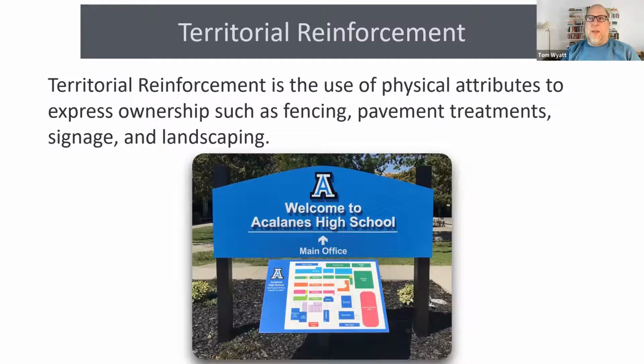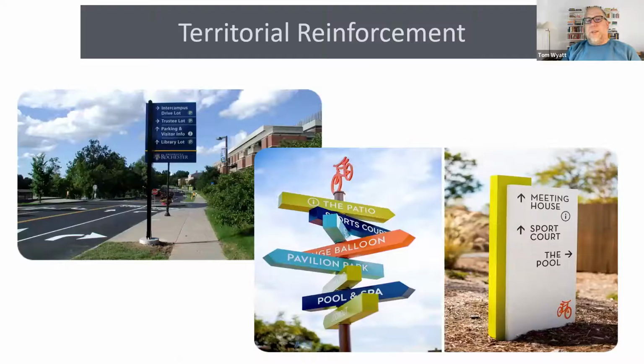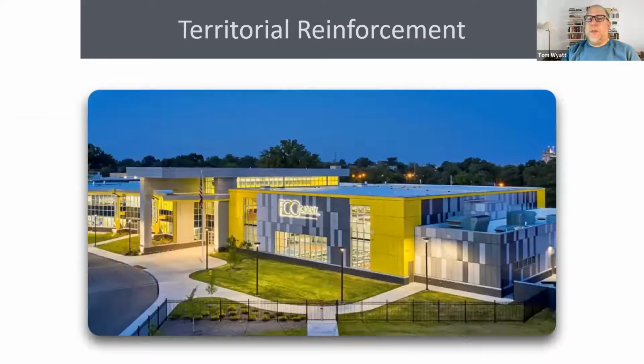There are certain things that are acceptable here, and there are things that are not acceptable. Next slide, please. Other examples of wayfinding: college campuses, some cultural areas. Some of these may not be as applicable to schools, but I'm showing you different examples of how they can be utilized. Next slide, please.